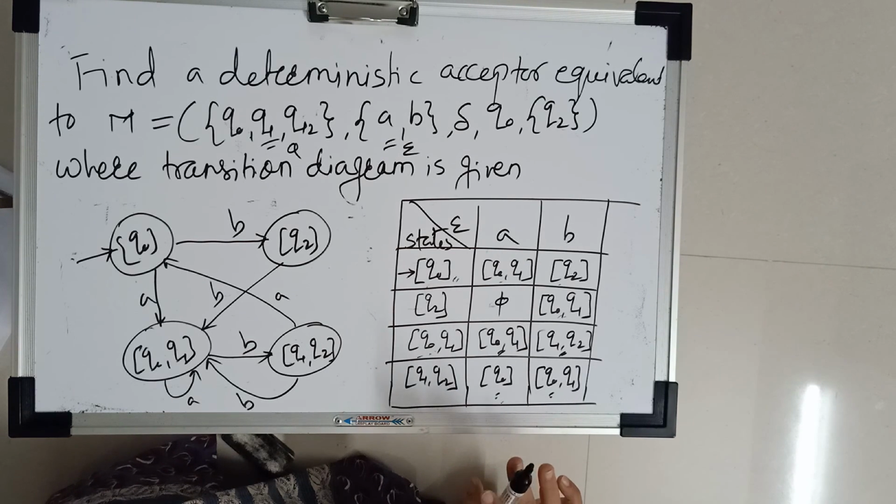If the transition diagram is given, we need to convert that transition diagram into a transition table, then convert that transition table of the NFA to the transition table of the DFA.